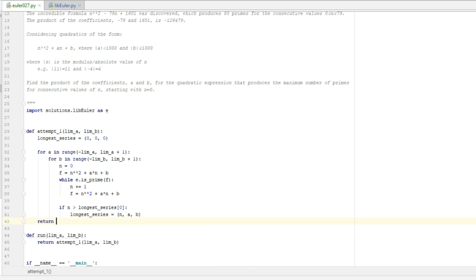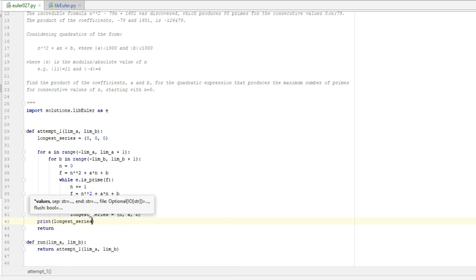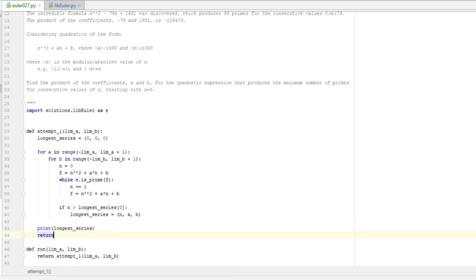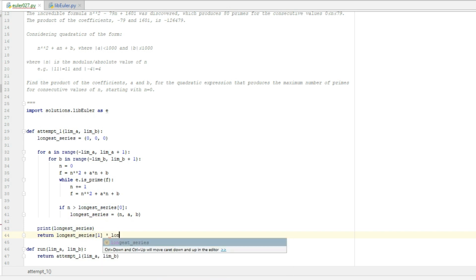And we want to print out the longest series, and the actual answer is the product of the coefficients a and b. So we want to return longest series 1 times longest series 2.